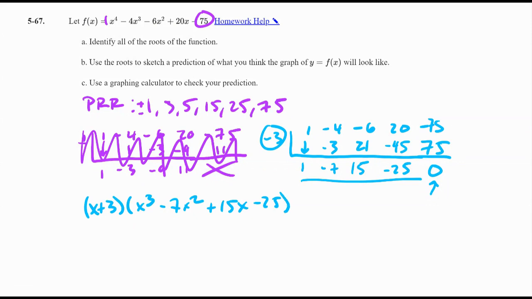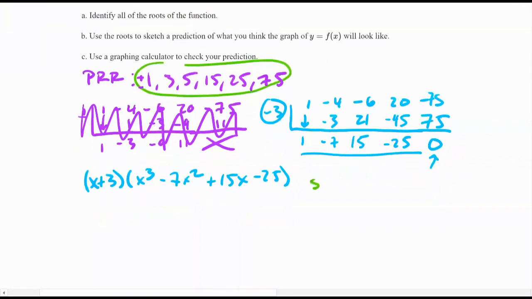And now I'm going to keep going. I'm going to continue using these possible rational roots, except I'm no longer going to use the original coefficients. I'm going to use the coefficients that I am left with: 1, -7, 15, and -25. So I'm going to try 5.